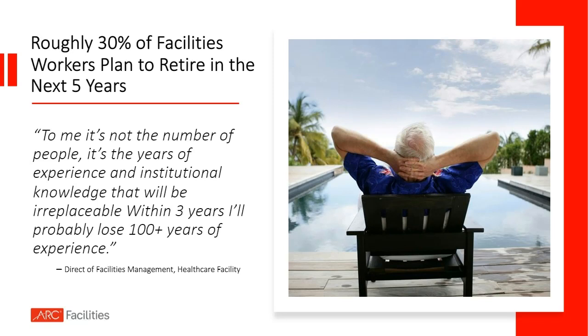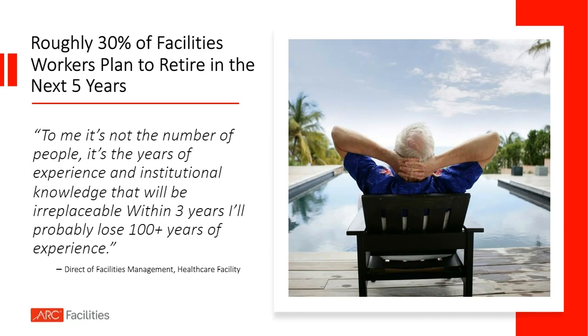What if something happens tomorrow and they win the lottery? They're gone. They get a better paying job. They're gone. They retire, or God forbid something else happens to them and they leave. Single points of failure.